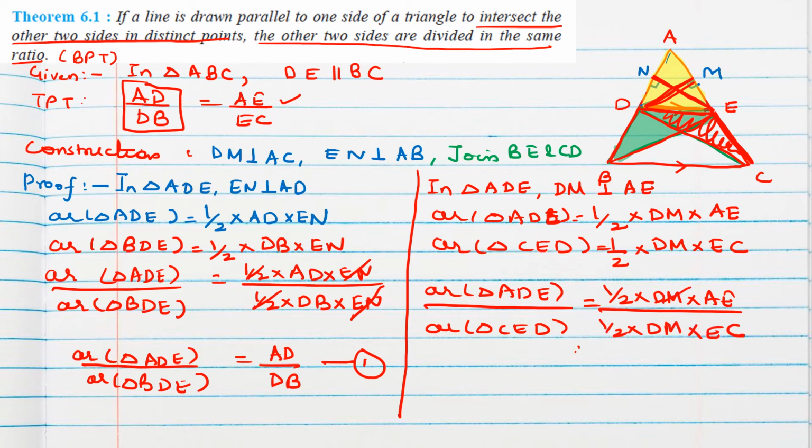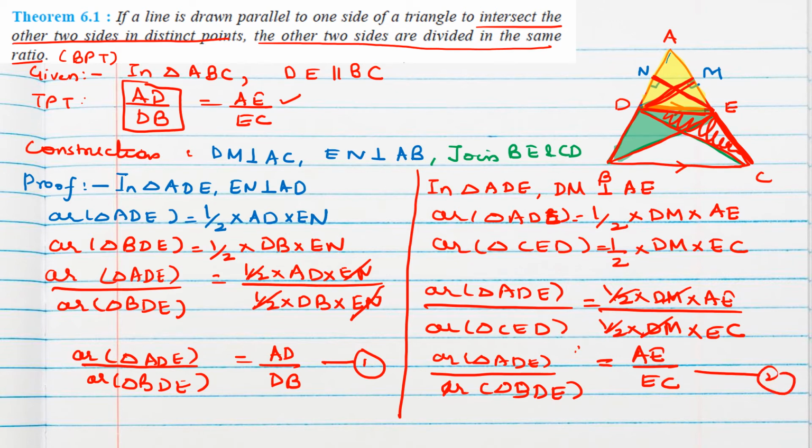So DM will go, half will go, and we will be left with only AE by EC. This will be our equation 2.